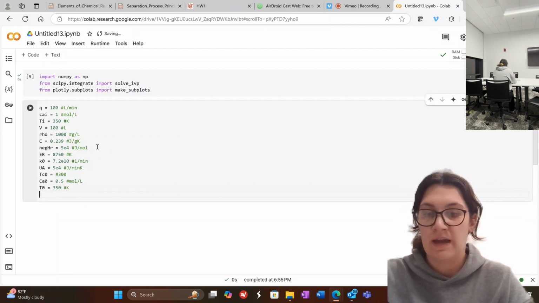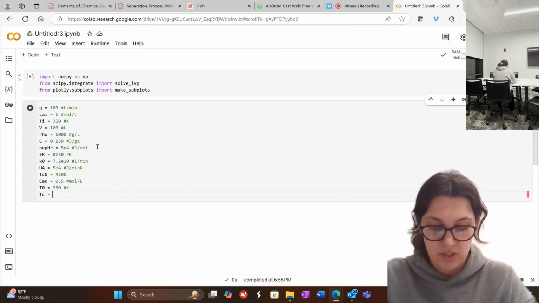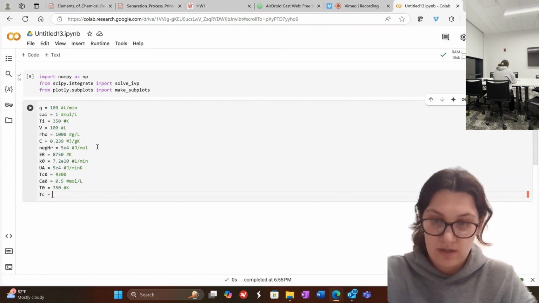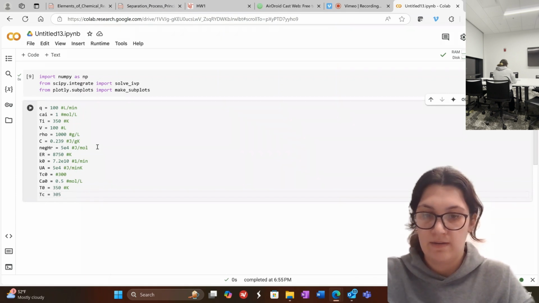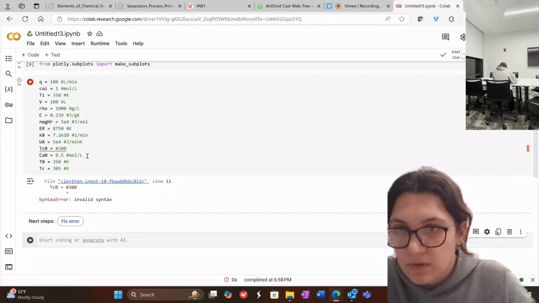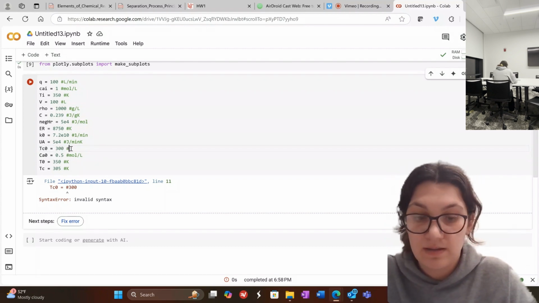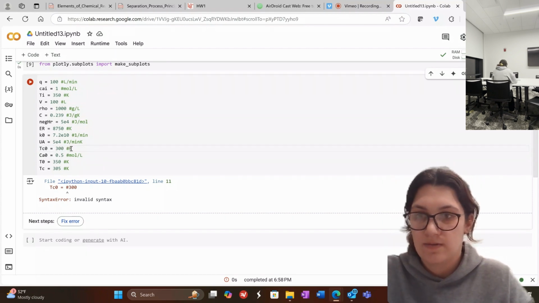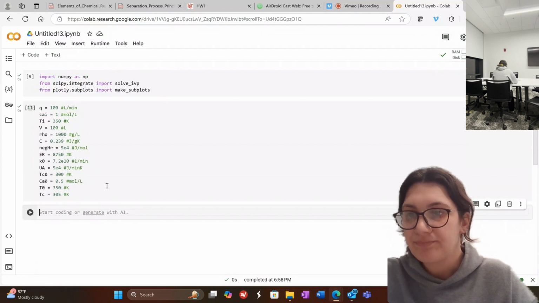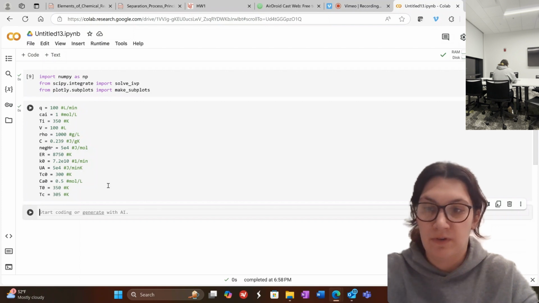And then finally we're going to add on that change in coolant temperature to 305 kelvins. There we go.